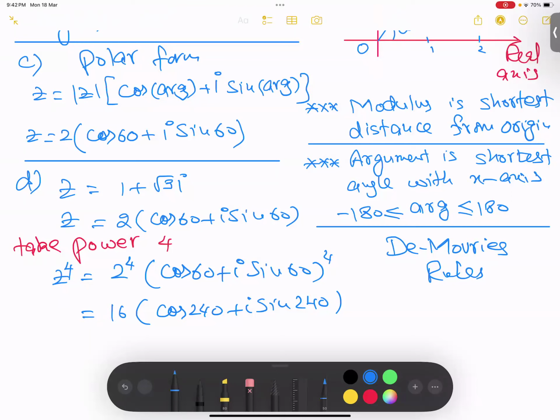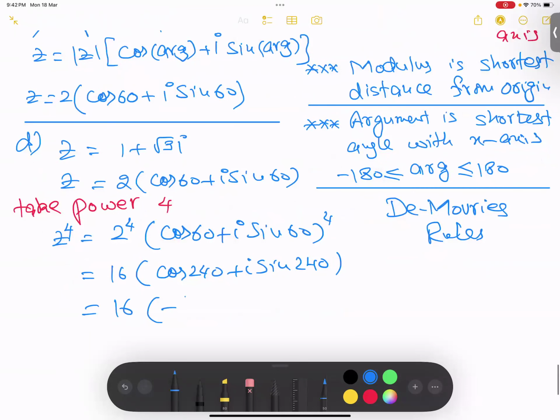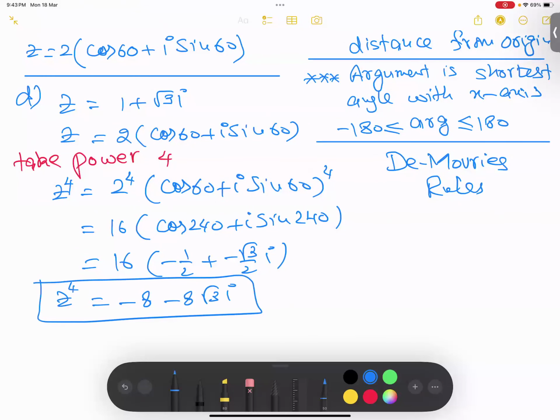If we type cos 240 in the calculator, it gives -1/2. And sin 240 gives -√3/2, with iota. This 16 multiplies with both inside. Finally, I get -8 and -8√3 iota. It means that for power 4, I got this format.